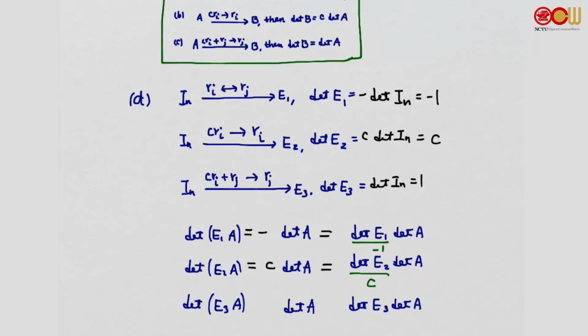The last one, let's consider determinant E3A. The product E3A is the same as the B matrix here. B is the result of applying the row addition ERO on A, and determinant B is the same as determinant A. And we know E3 has determinant equal to 1, so this is the same as determinant E3 times determinant A. So again, the determinant of the product is the same as the product of the determinants.